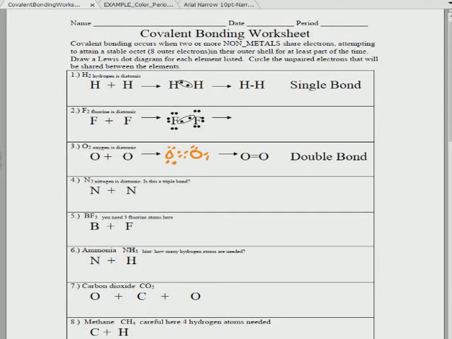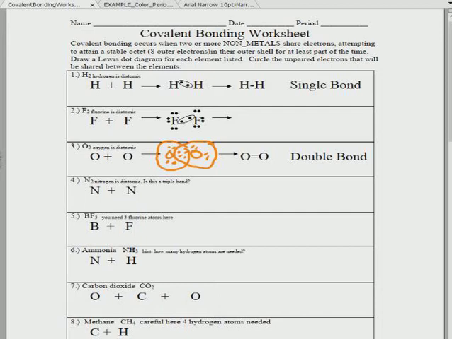So here we have our octet rule satisfied, and here we have our octet rule satisfied. It is a double bond because you're sharing these 4 electrons in two separate bonds.